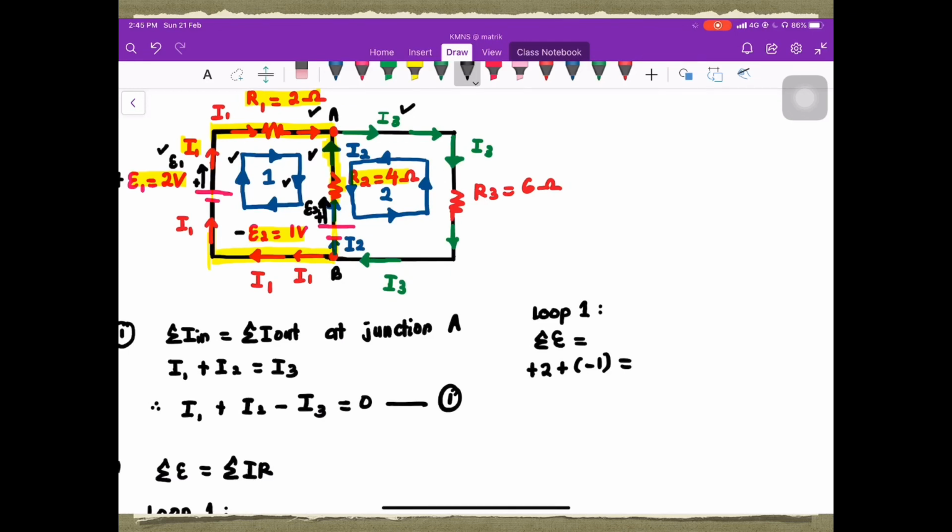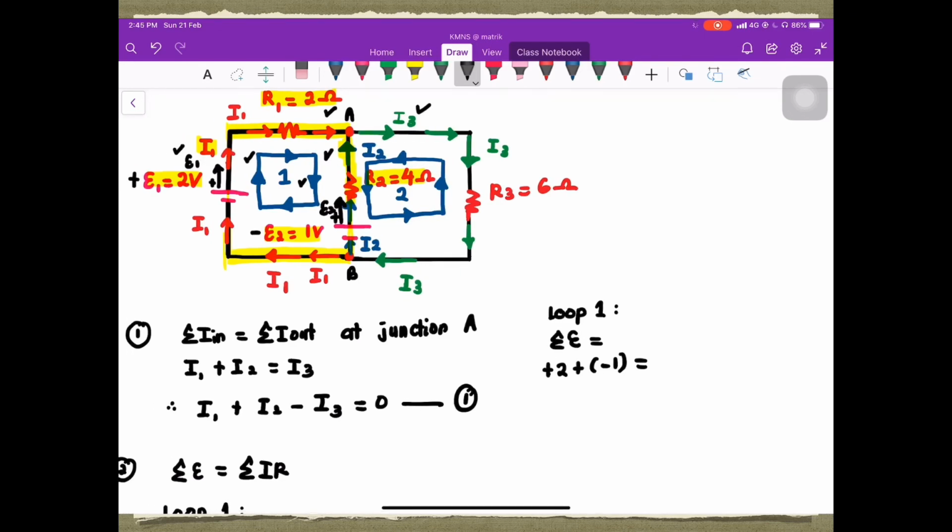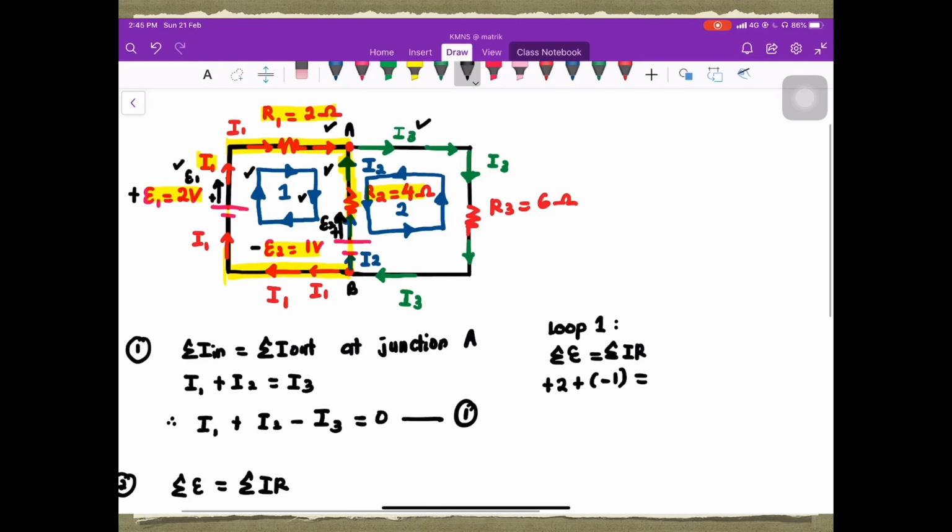Next, refer to the product of IR. This is the resistor 2 ohm, and the current flow is I1.